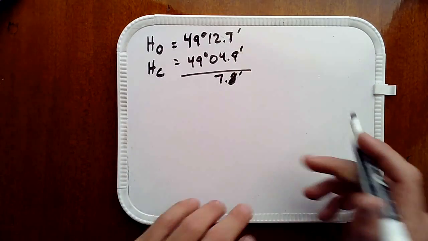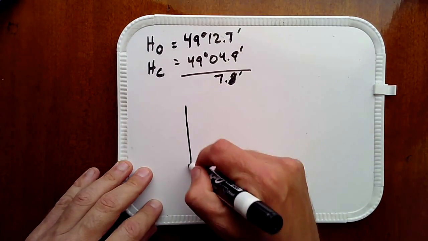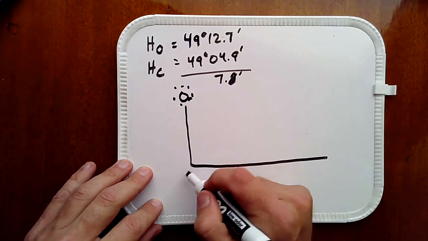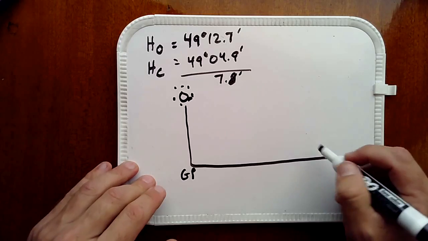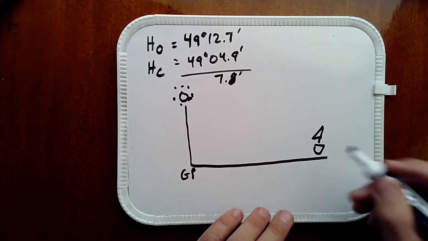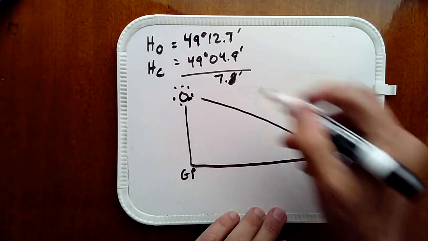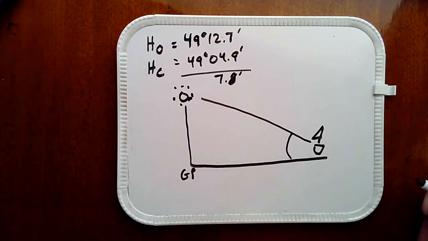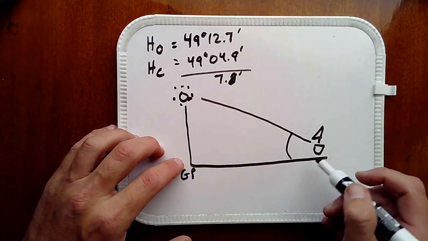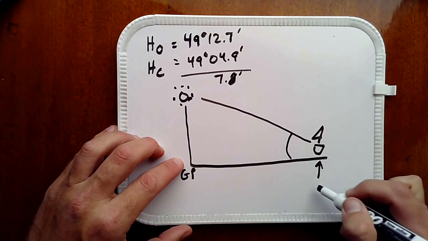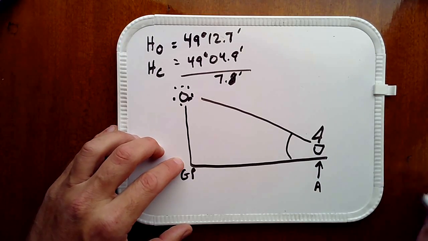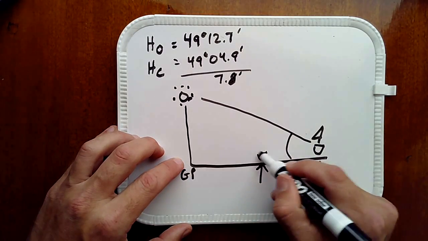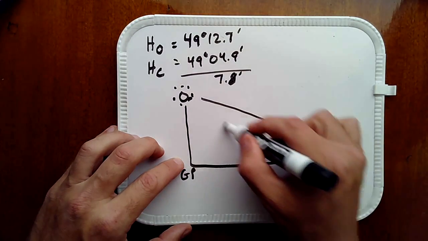What's actually happening in this case? Well, let's imagine that the sun is up here in space, and this is the GP right beneath it. And then you're out here on your ship. You use your sextant to measure an angle between the horizon and the celestial body that's up in space. If you were in this position, let's call it position alpha, and you moved to position Bravo, and now your ship was here, you're going to measure a different angle.